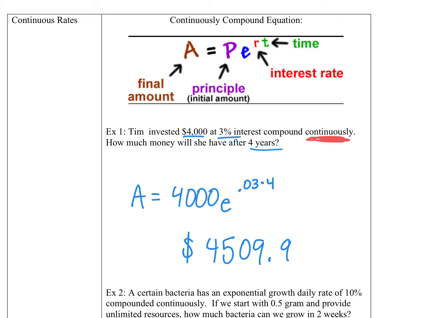You rounded it to 99? Okay. Either way, I won't count it off if it's 1 cent. But is that what everyone got? Yeah. All right, cool. Pretty good investment, right? 4 years making $500 off of $4,000. Not bad.